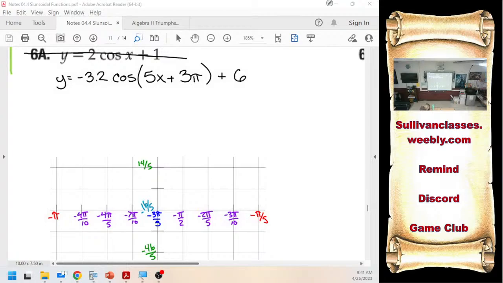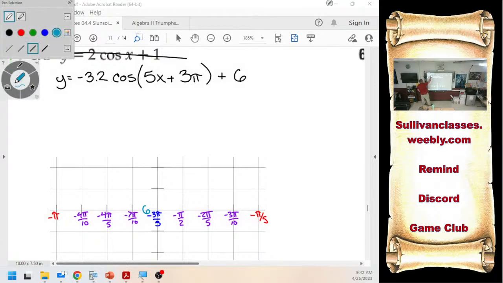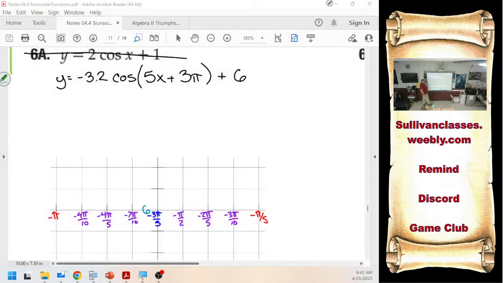Oh, I completely swapped my amplitude and my vertical shift. Yeah, I just completely swapped those. Oops. There we go. Well, in that case, since they went to decimals, I'm going to go to decimals.